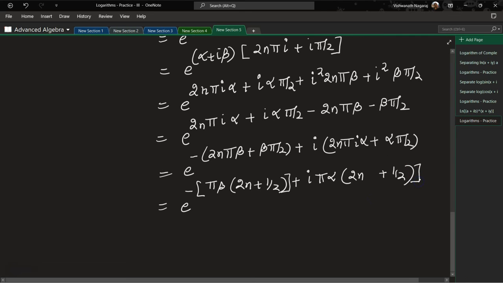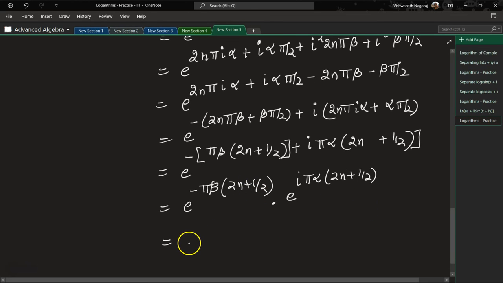Okay, so now since it is plus we can split, so minus pi beta 2n plus 1 by 2 times e to the power of i pi alpha times 2n plus half.